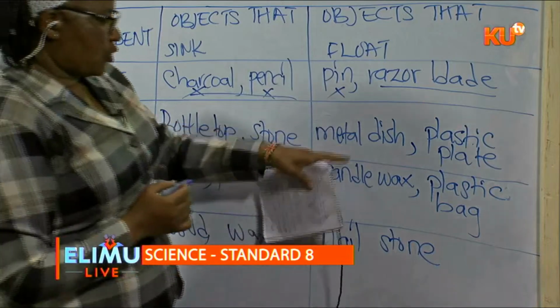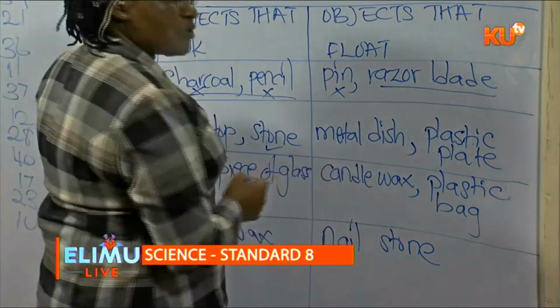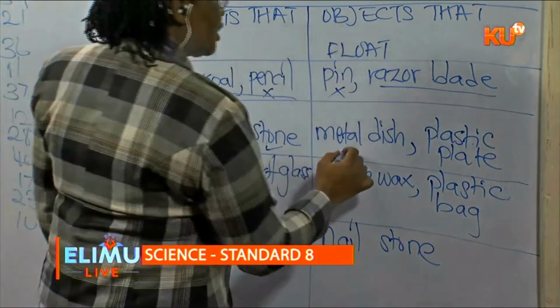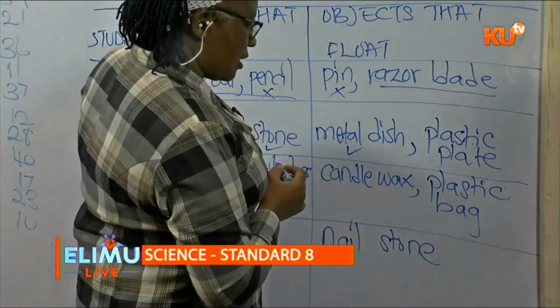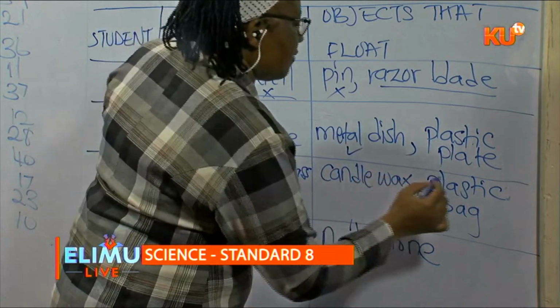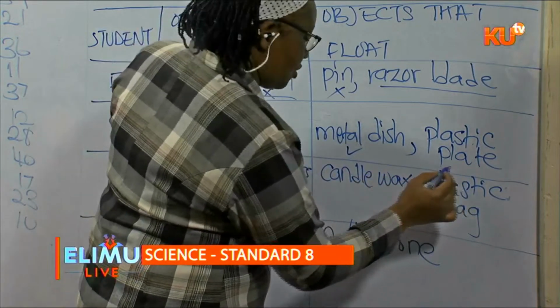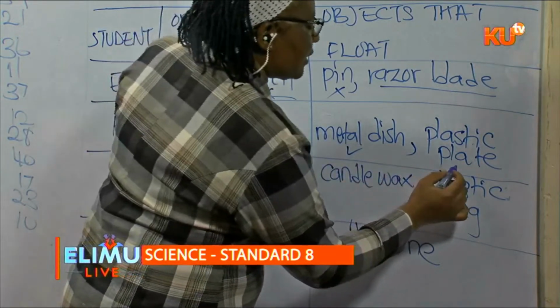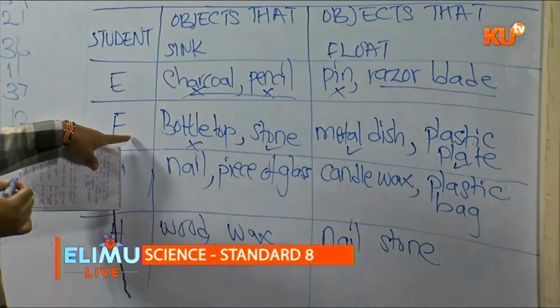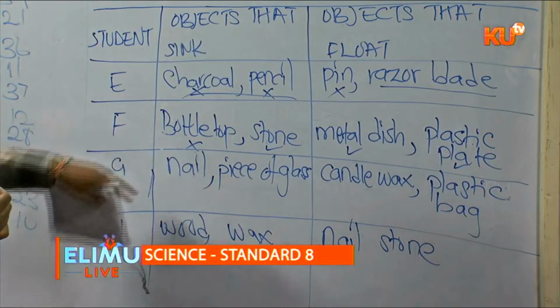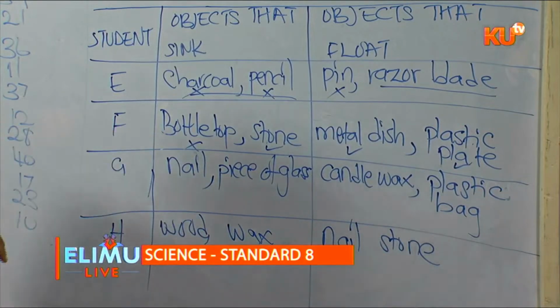Then we have a metal dish. A metal dish, because of its shape, can float. Now we have a plastic plate. This is a floater because of the material. Plastics usually float. So F is wrong because the bottle top is not a sinker.